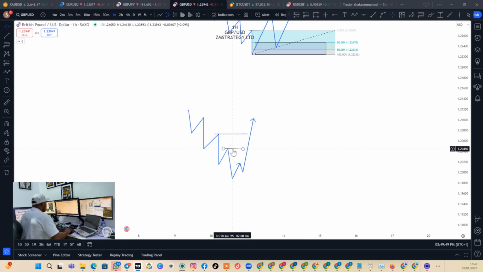If the market gives us something like this before the break of structure, you can say okay, fine, the market has given us what? A structural liquidity.